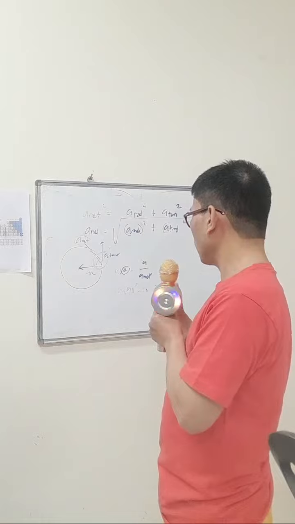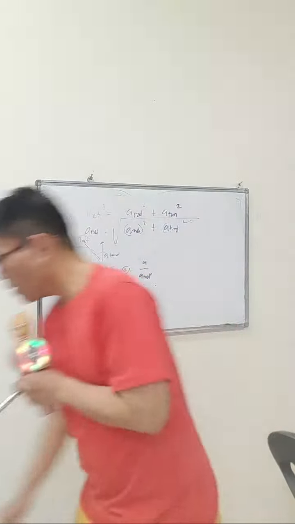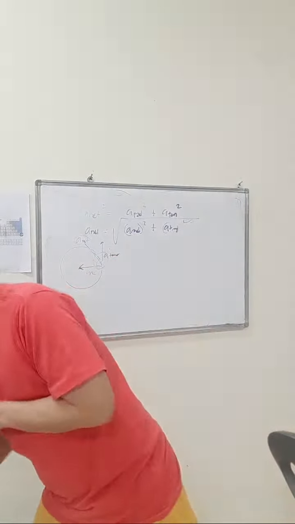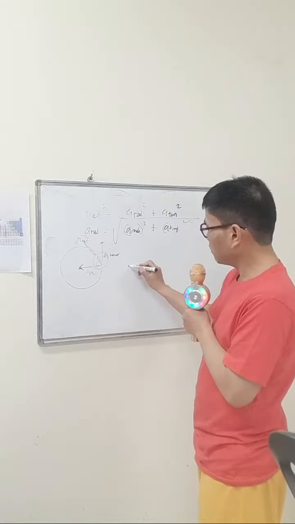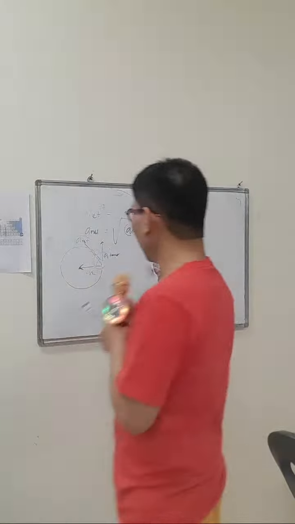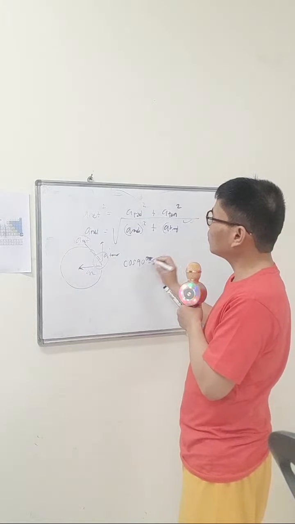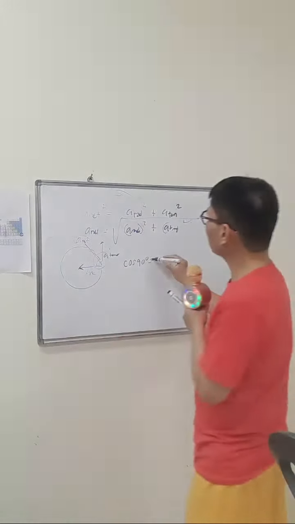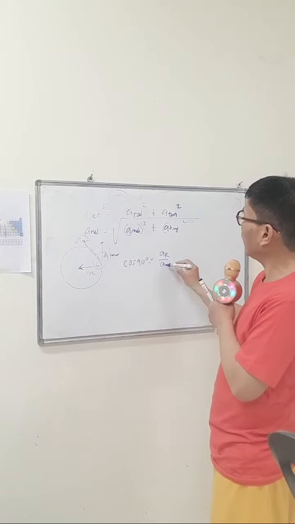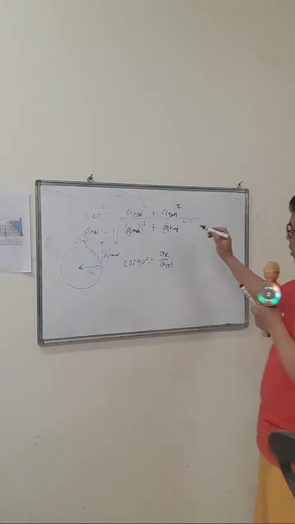Okay, so cosine of 90 degrees is equal to, this is going to be A radial, the radial acceleration, over the hypotenuse A net. Okay, like that. You get the point, but we are on the tangential.